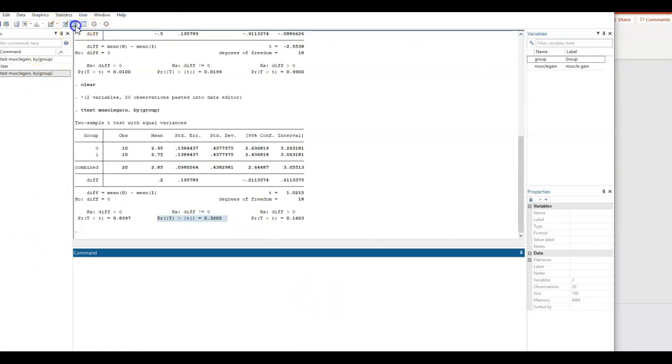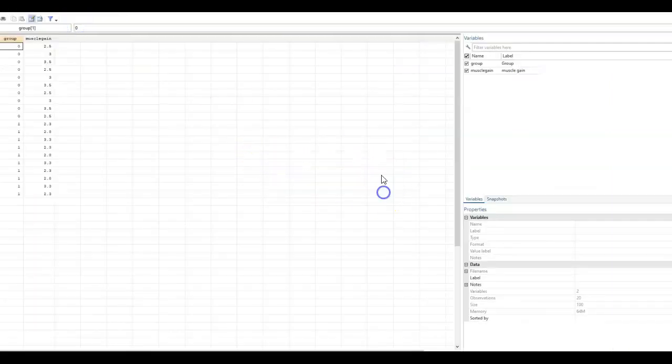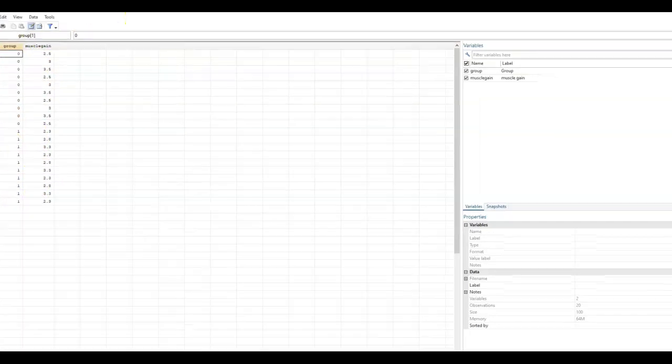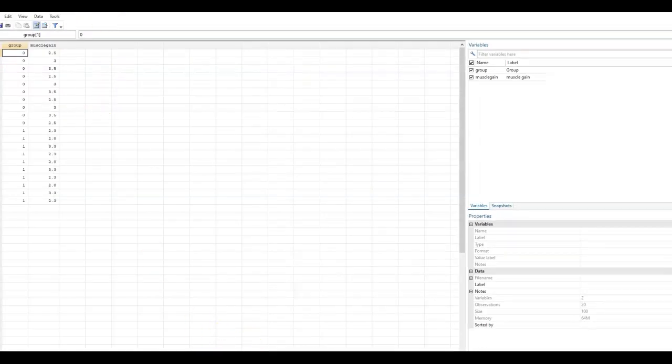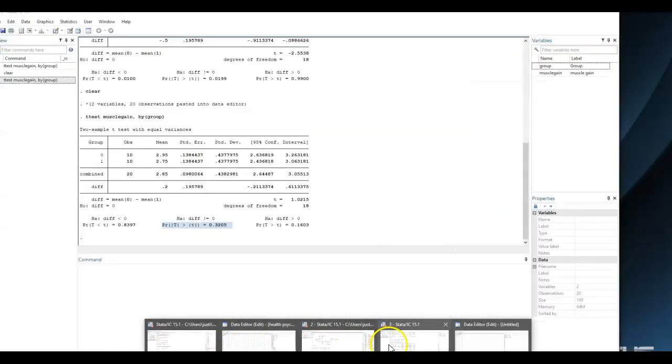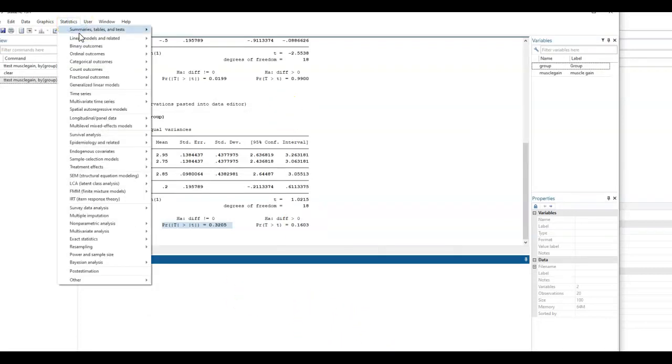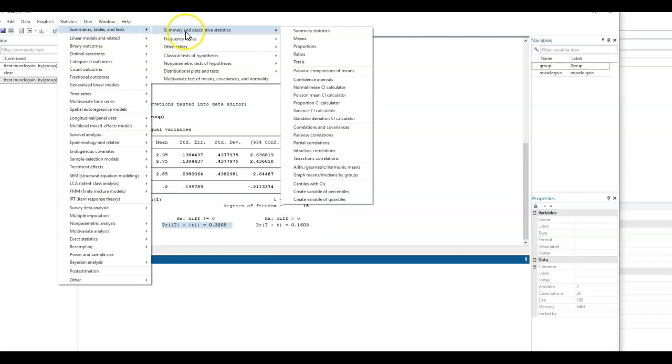So if we looked at our data, we could see that we have groups that are denoted by 0 or 1, and there's 10 participants in each group, and we measured how much muscle these participants gained, and then we want to compare the differences. So if we went back to our output, you can do this in a number of different ways. We can go to statistics. You actually will eventually be doing this test. It's a t-test.